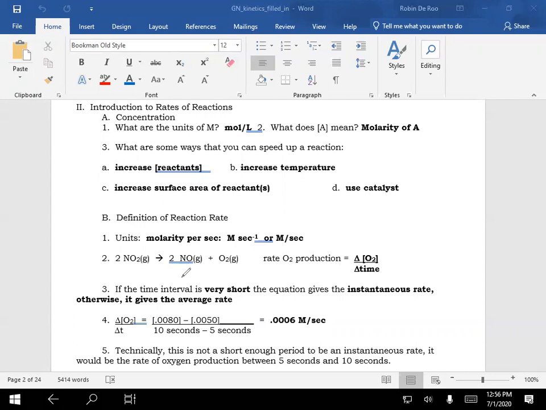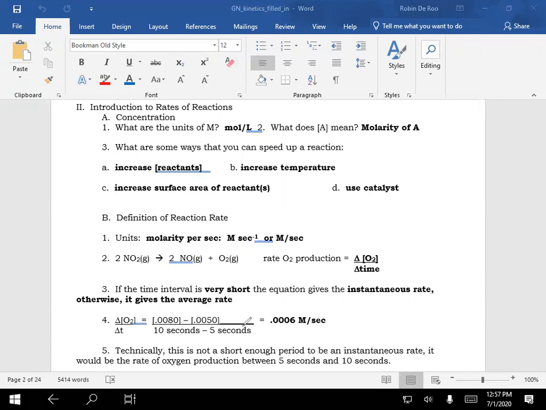If the time interval is very short, the equation gives the instantaneous rate. Otherwise, it gives the average rate. So let's say you were given some data that at 5 seconds, it was 0.0050 molarity, and at 10 seconds, it was 0.0080 molarity.